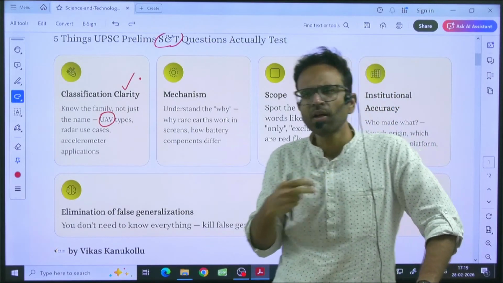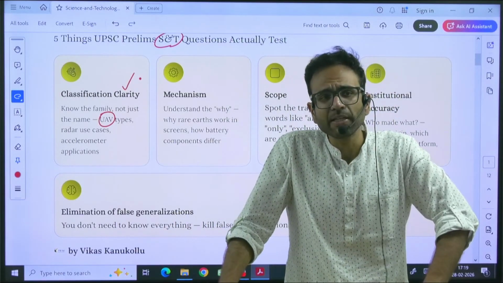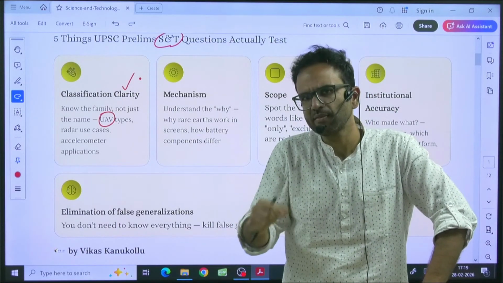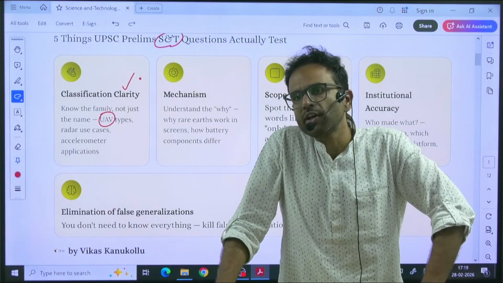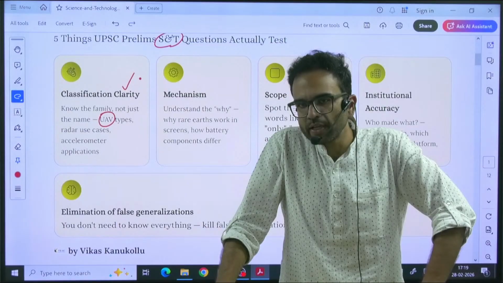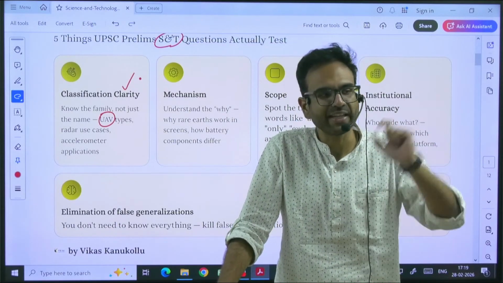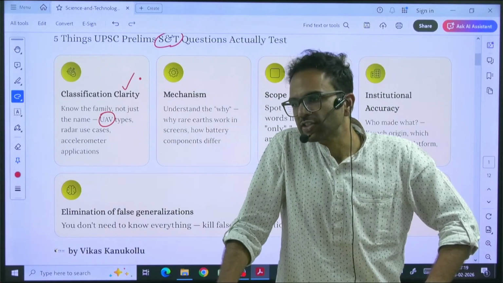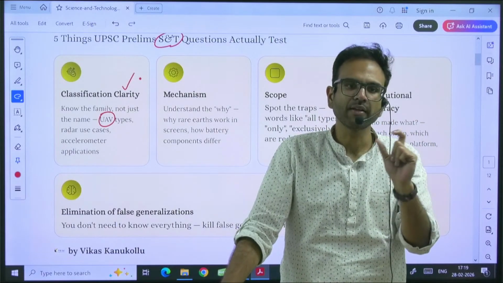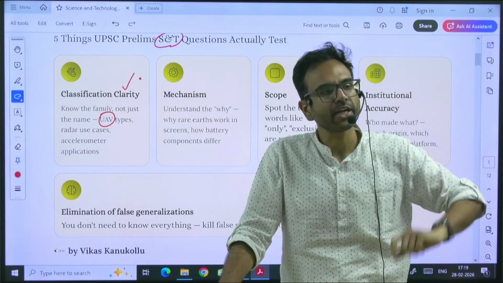Let's say, for example, whenever you see a news item, say anything in the category of, let's say, seeds, just an example. If you are preparing current affairs, what most people will end up doing is memorizing the fact and that event.